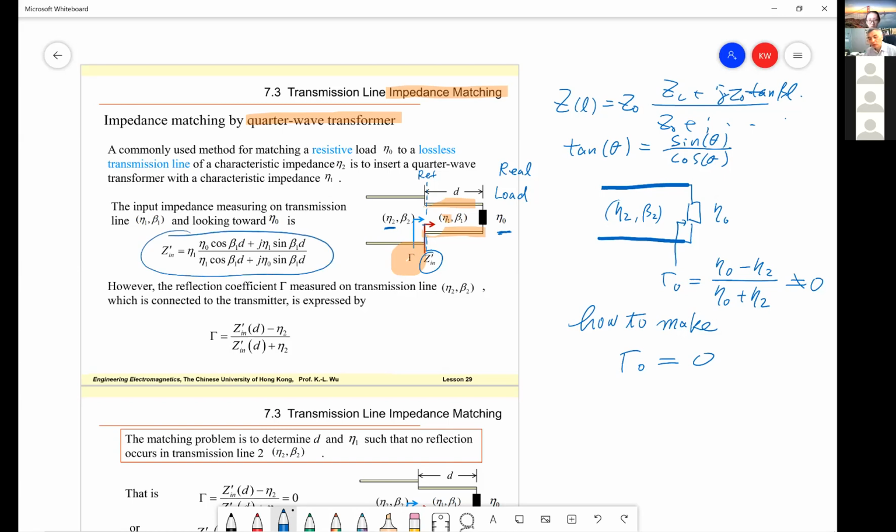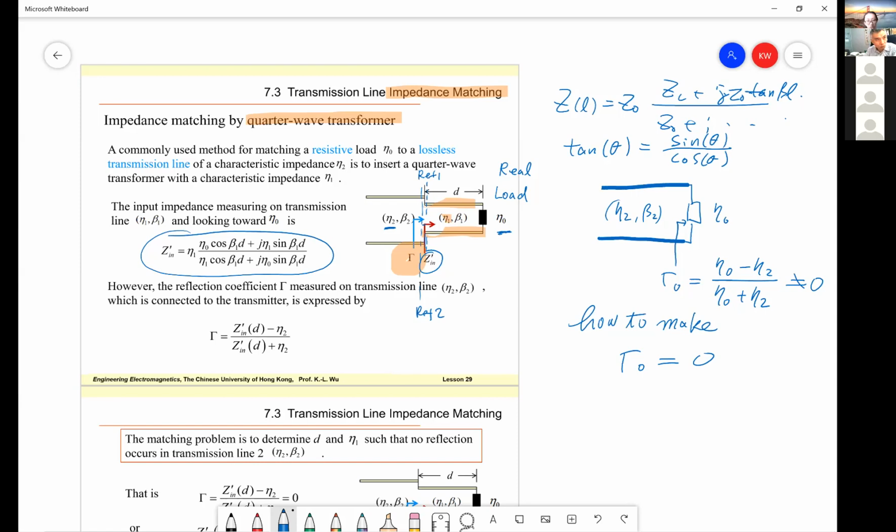Right now I think this is more convenient for me. In the following discussion, I just write in terms of sine and cosine. This is the impedance I'm looking at. Now I found this is reference plane 1. Now I found reference plane 2.